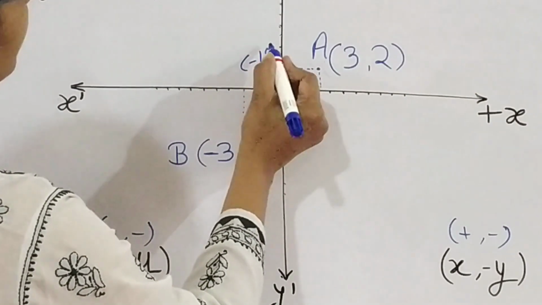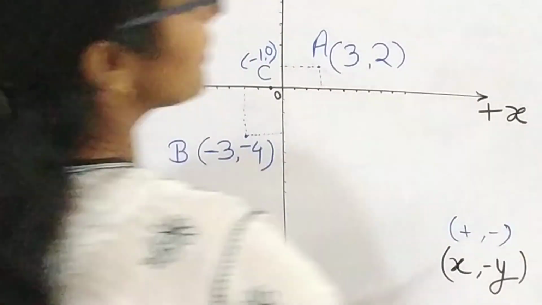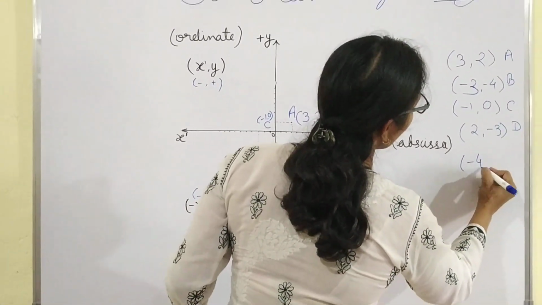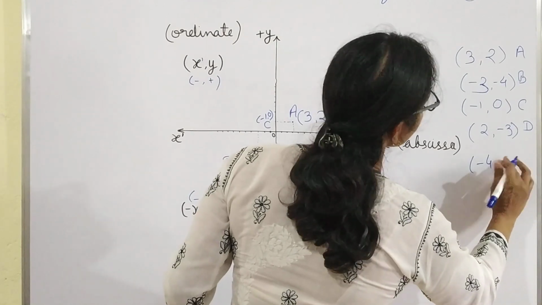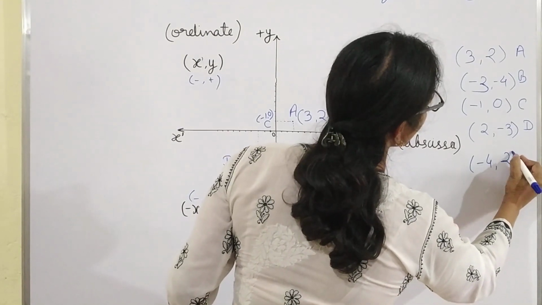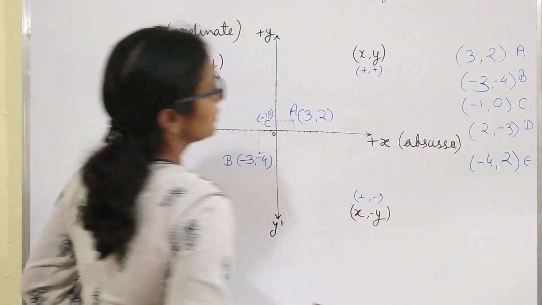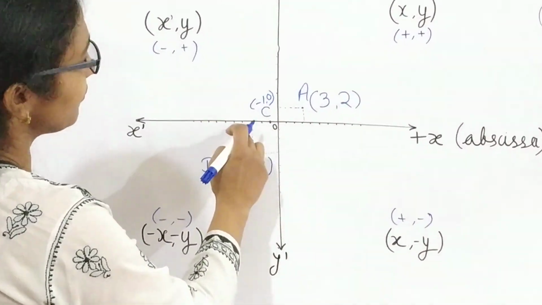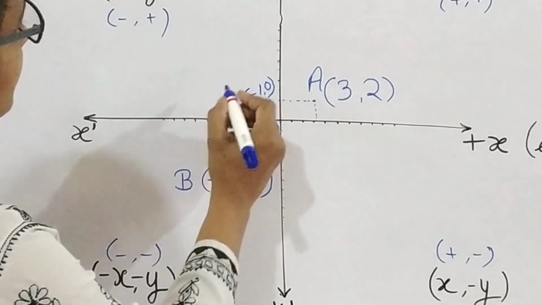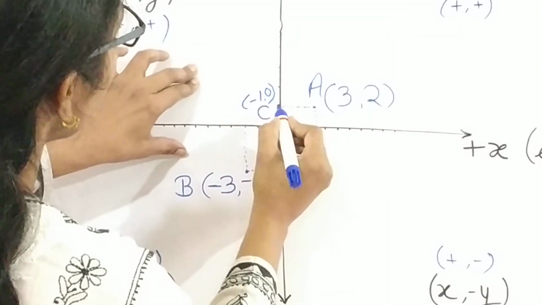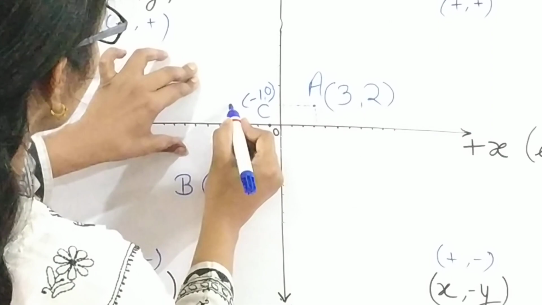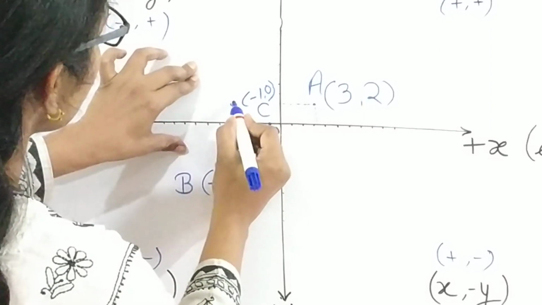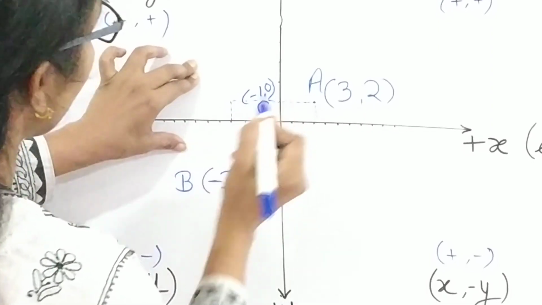-1 and 0. I am taking another example, (-4, 2), so it becomes more clear. -4: 1, 2, 3, 4 on the x-axis and 2 on the y-axis.